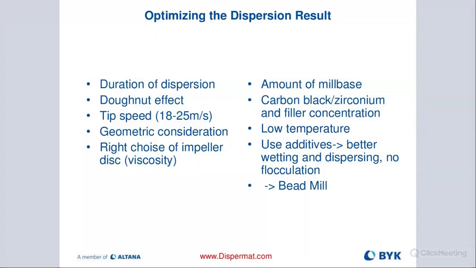So ideally, anywhere between 2,000 to 5,000 centipoise is an optimum viscosity range for that donut to show up. But again, with low viscosities it's difficult to get the donut, which doesn't mean you're not pre-dispersing. It's just that the visual cue is missing.